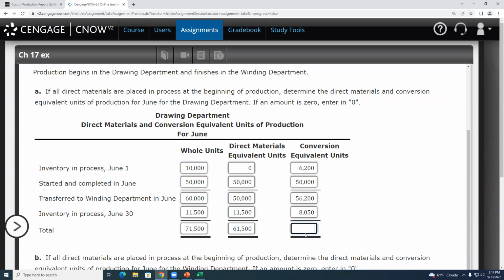During the month, we added 61,500 units of direct materials. Those are for the units we started this month. And we incurred 64,250 equivalent units of conversion cost. That is direct labor and overhead.